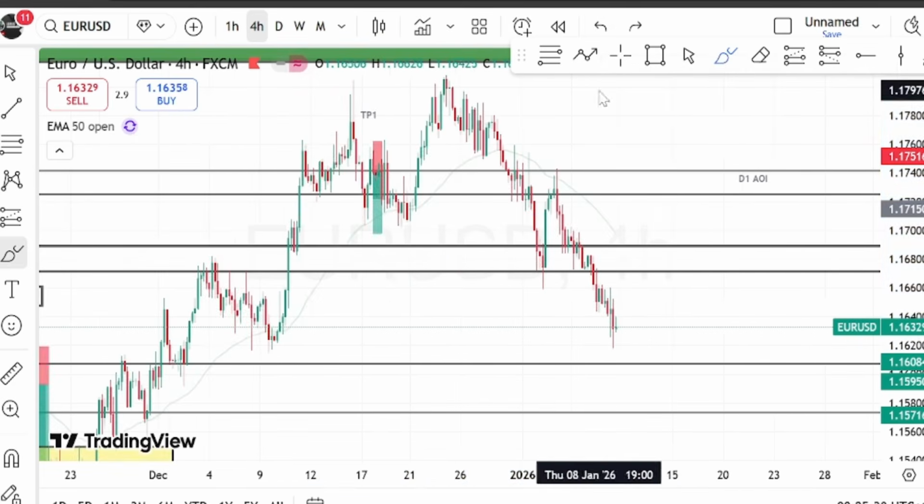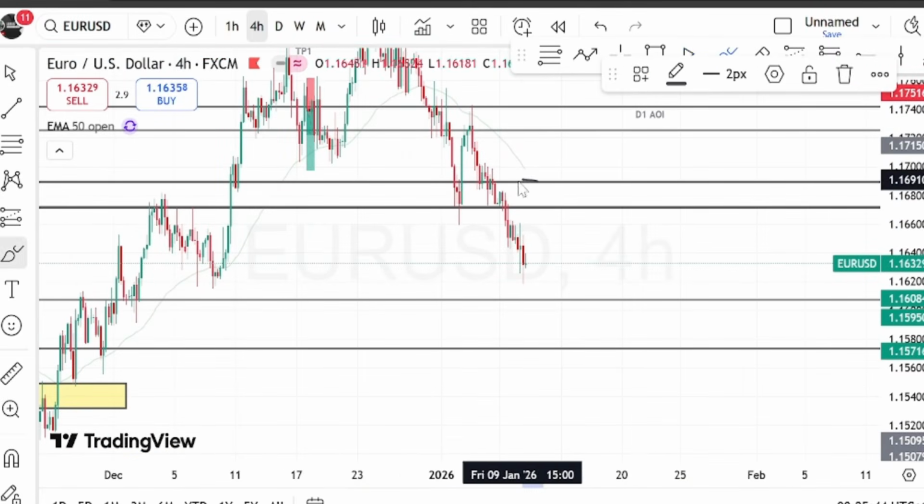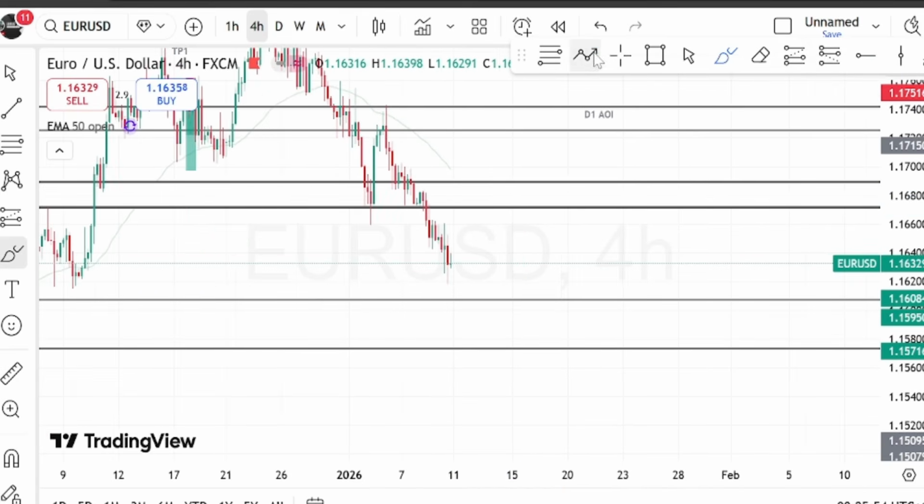What I would love to see is price come to these zones between 1.1690 and 1.16744.